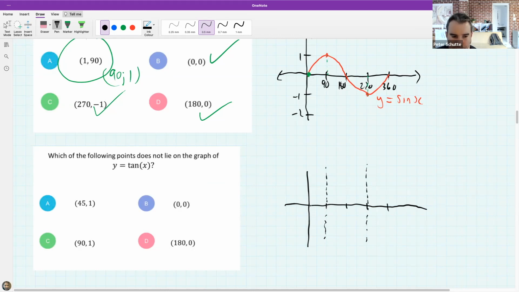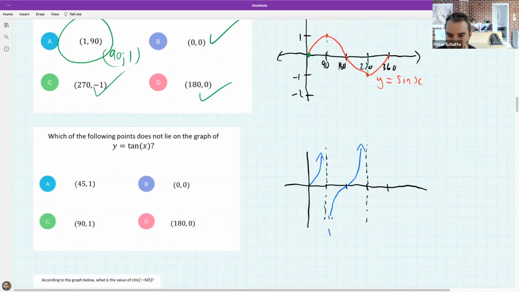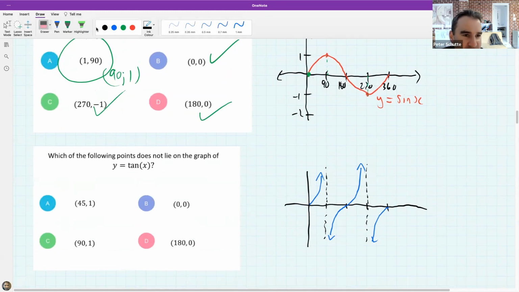You're doing great. I'm throwing in a tan graph because I know it doesn't always get the attention it deserves. Like it's the forgotten trig function. It's the underdog. It looks different, so that everyone just avoids it. Okay. So which of the following does not lie on the tan graph?